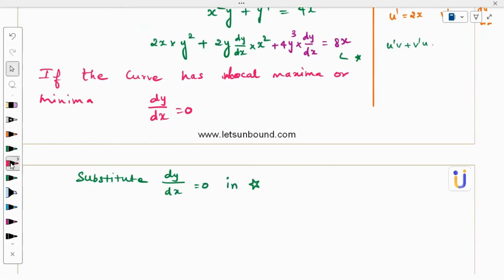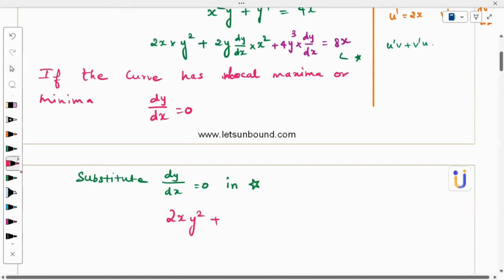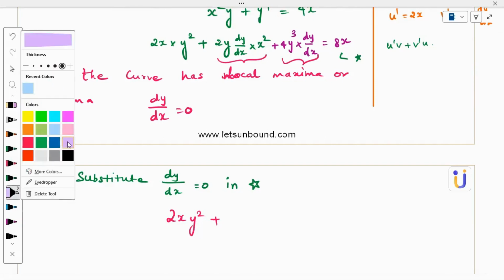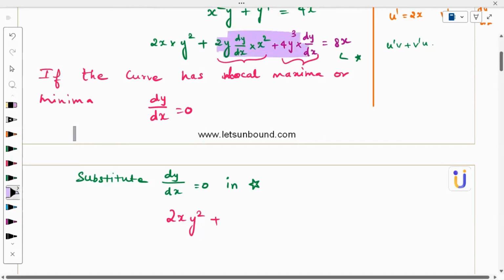So what will we get? The first term will not get affected, it doesn't have dy by dx. This term has dy by dx; when I place 0, everything will vanish. Also this third term will vanish. 8x will not get affected.